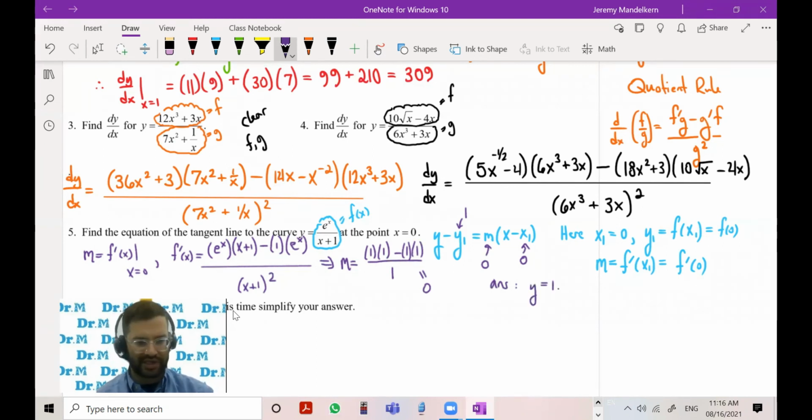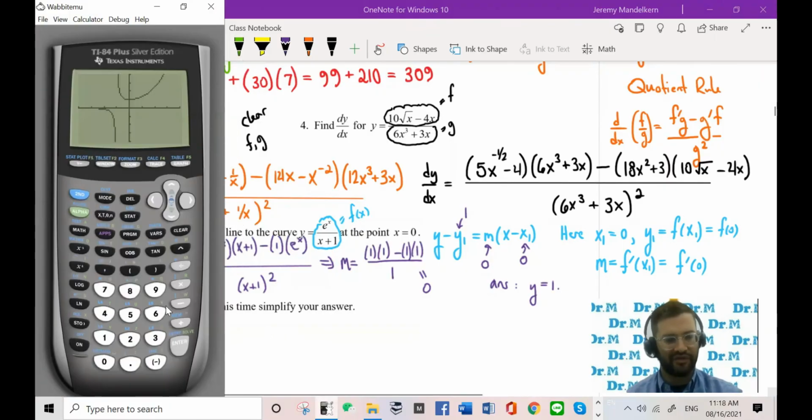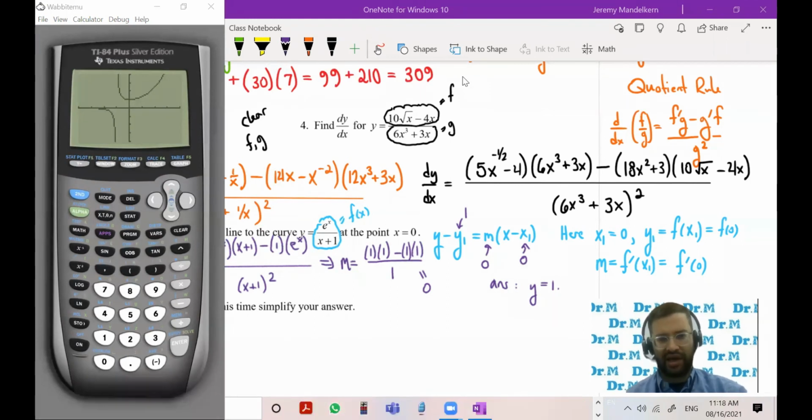Now, as a check on the work, graph the function. You can see that when f is graphed in the xy plane, sure enough, at x equal to 0 the tangent line does appear to be going horizontal. That is to be expected when the tangent line has slope 0.